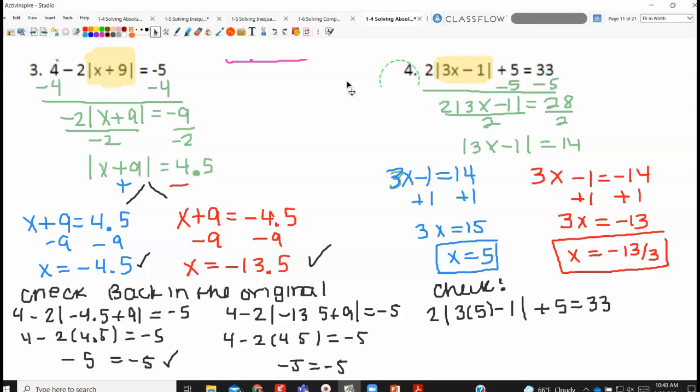Three times 5 is 15. 15 minus 1 is 14. 14 times 2 is 28. 28 plus 5 is 33. So 5 checks.